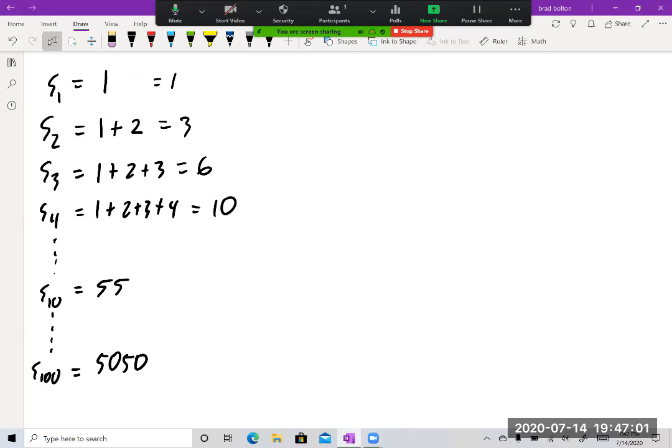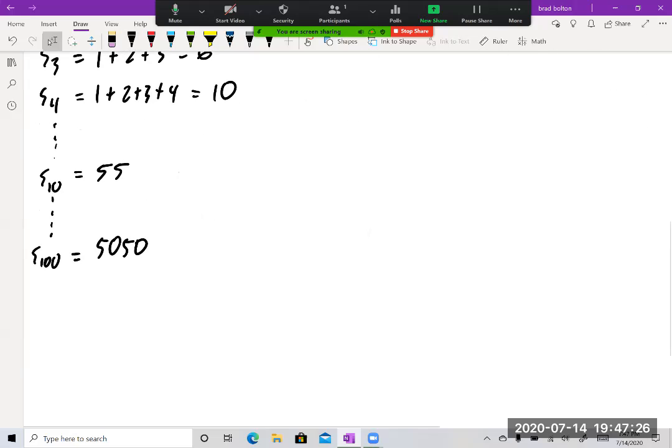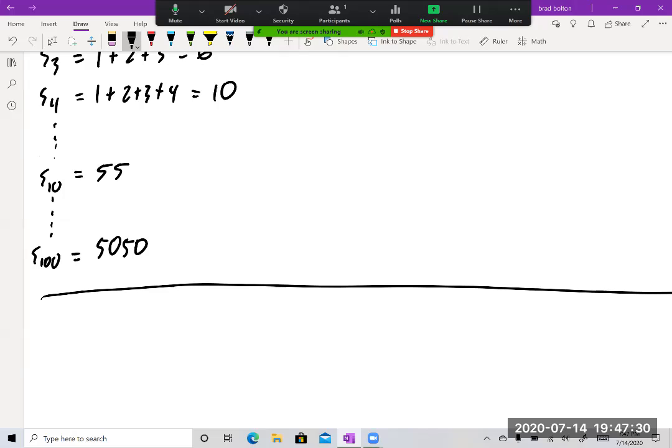So we would say, since the sum from n equals 1 to infinity of a sub n appears to approach infinity, we're going to say divergent. Okay, so that's basically how you set it up, kind of a slow, tedious way, right?